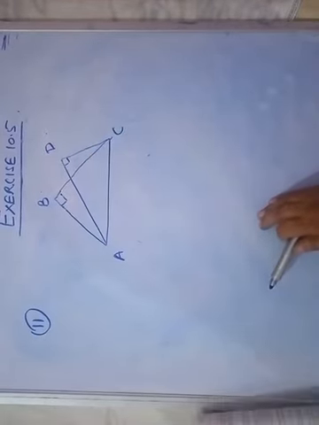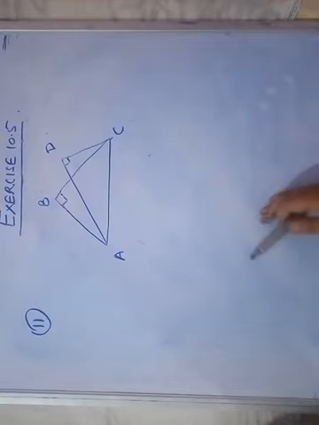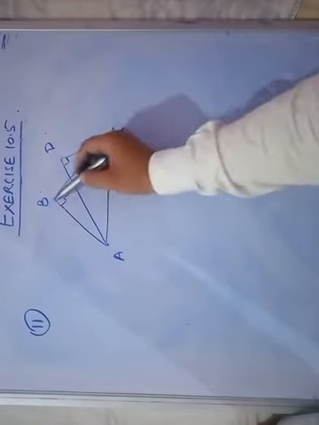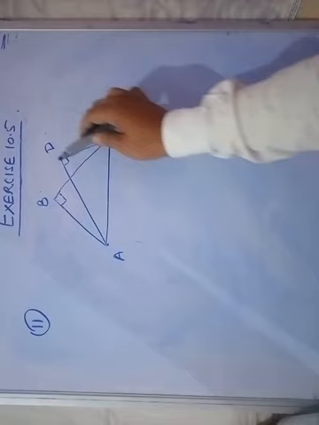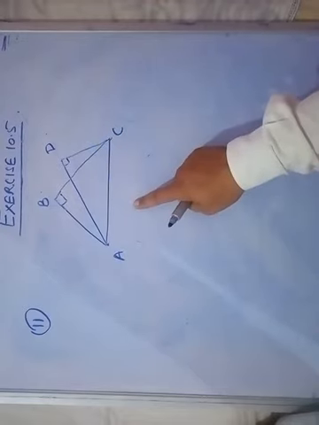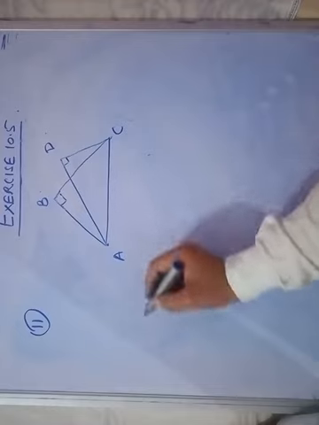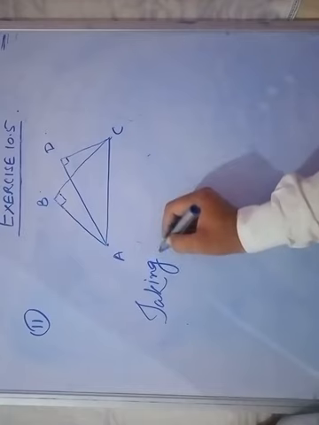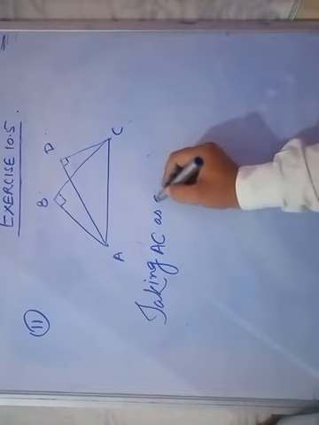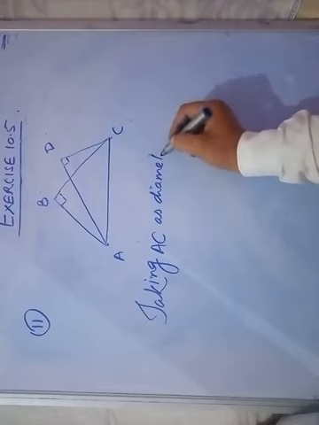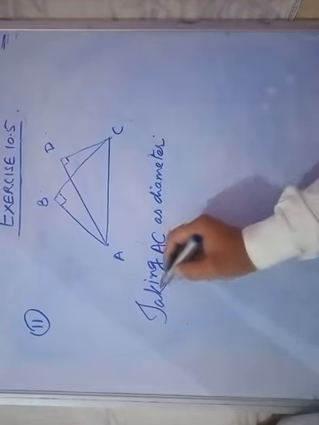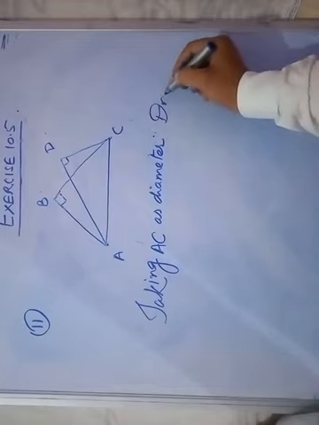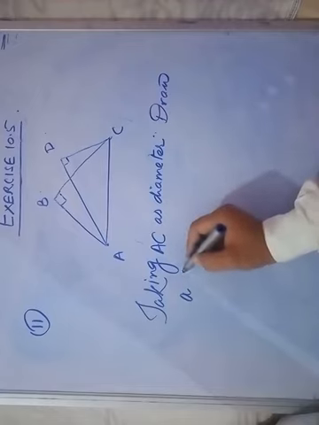So before the proof of this question, here we see that with common hypotenuse AC, two right triangles are given. The vertices will be opposite to AC. Now taking AC as diameter, draw a circle.